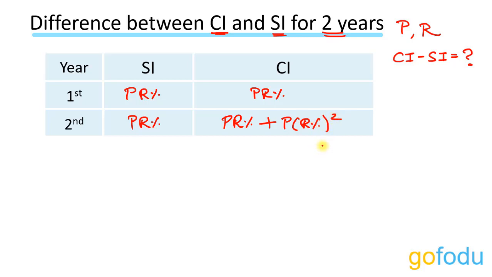Now we have to take the difference between compound interest and simple interest. This whole column is compound interest earned in 2 years. This whole column is simple interest earned in 2 years. We have to take the difference CI minus SI.